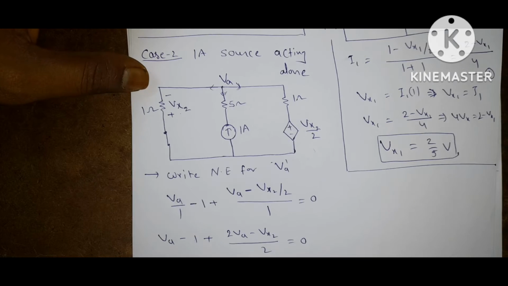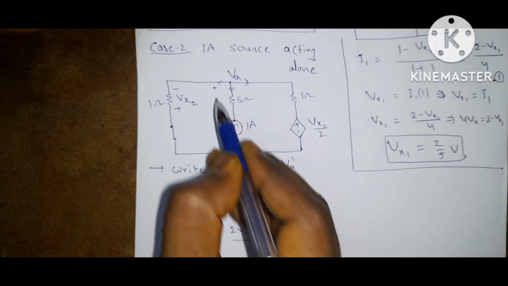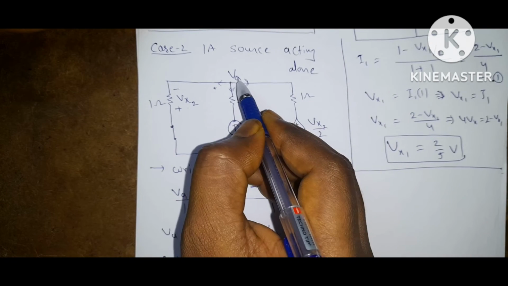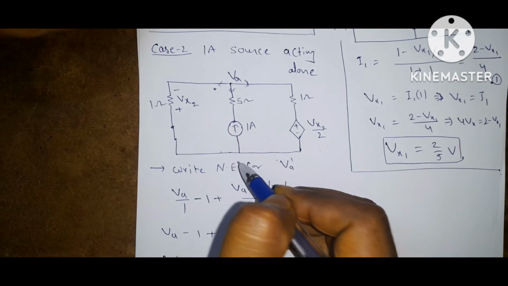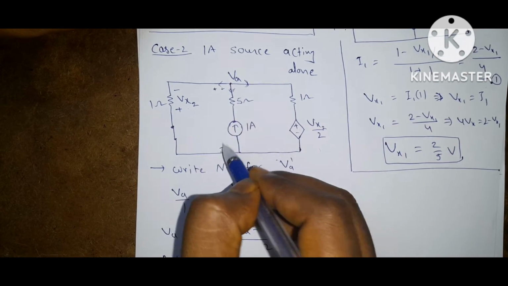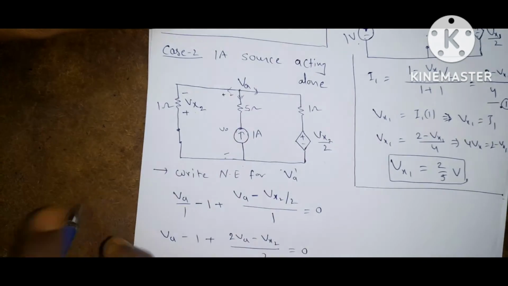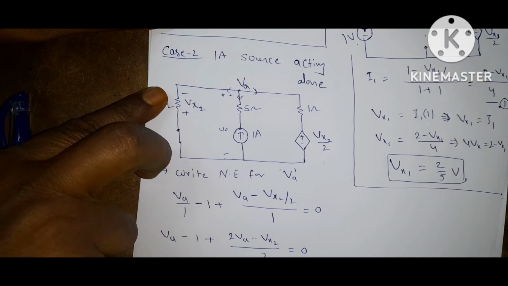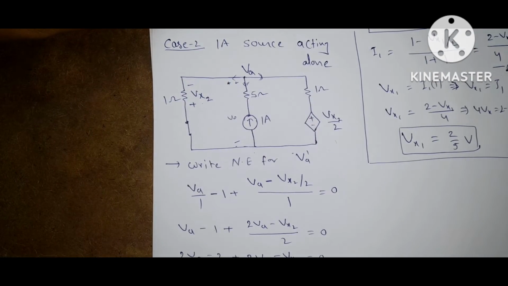If you observe this circuit from here to here, this node voltage Va means the node voltage with respect to the reference node. Here it is the reference node, so from here to here it is Va. This voltage and this voltage are the same. The voltage across these two terminals and these two terminals are the same. So what is Va now?